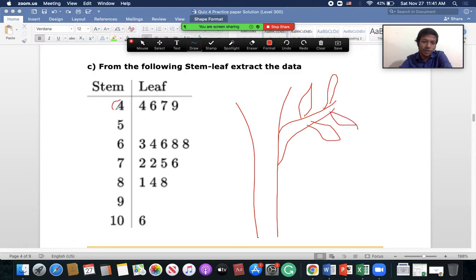So this 4 is the stem, then you have leaves like 4, 6, 7 and 9. That is the reason 44, 46, 47, 49. Okay, this is the stem and leaf diagram.